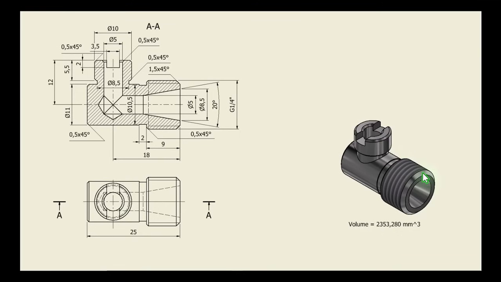There are two chamfers, 1.5 at 45, 0.5 on 45. We have to apply this by using revolving, not a chamfer tool.